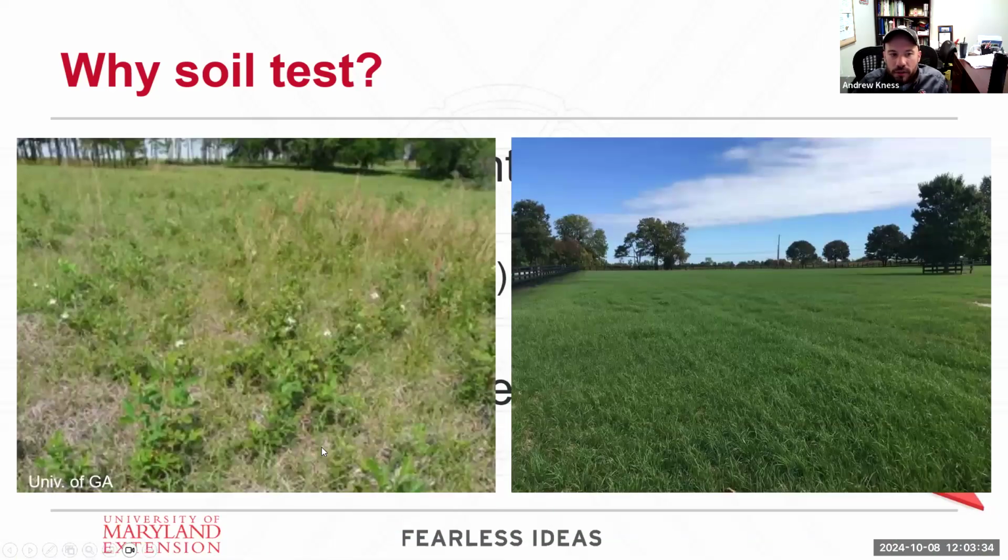This is just an example of two different pastures as a visual. There's obviously a lot more going on here than just soil testing and soil management, but I could tell you that the pasture on the right, which looks phenomenal, they've probably done a lot of homework into managing their soil and doing proper soil testing and really dialing in what that soil needs for that pasture, versus the one on the left where we have a lot of weed encroachment, a lot of undesirable forages, and I would venture to say that's an unmanaged pasture, and they're not really putting effort into managing that soil.